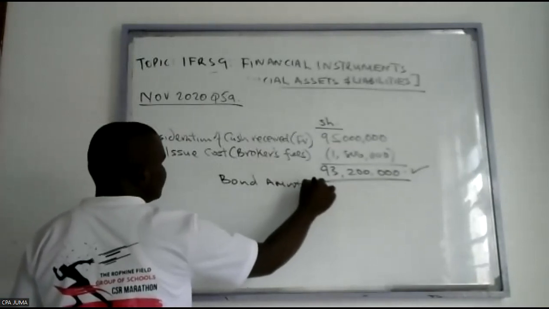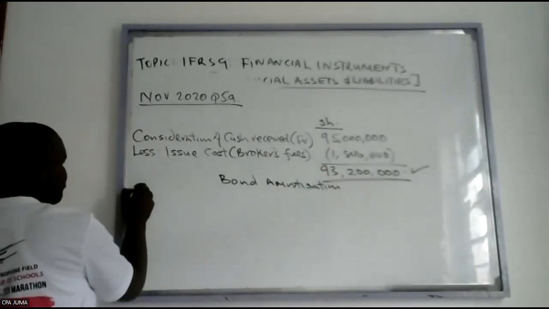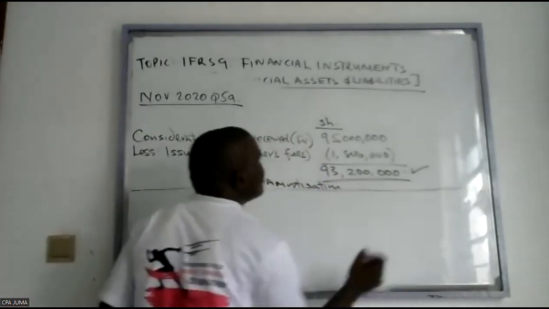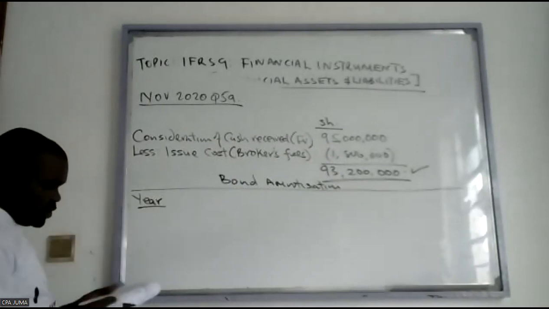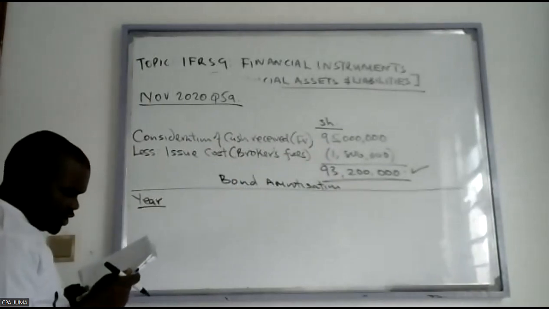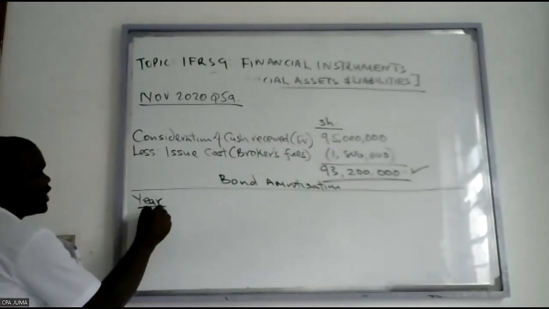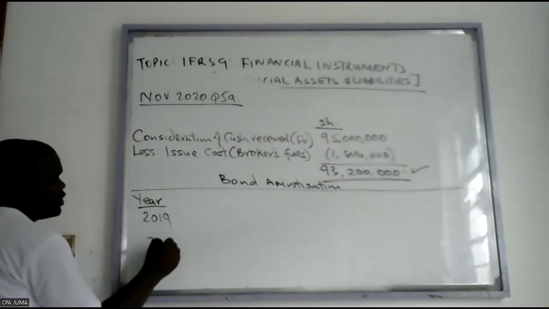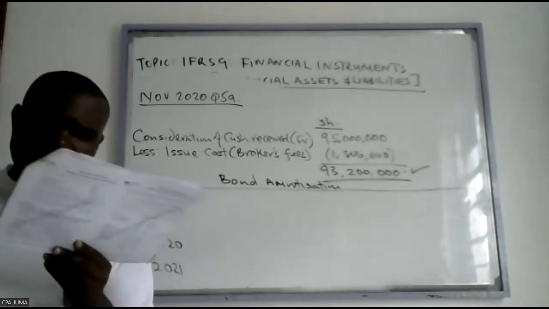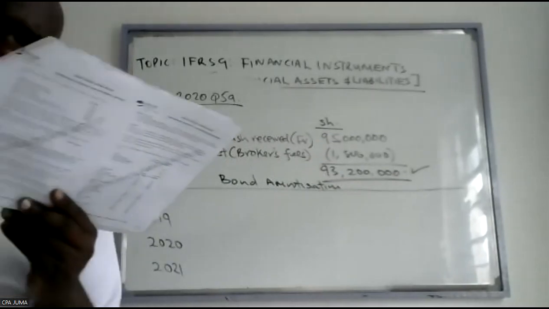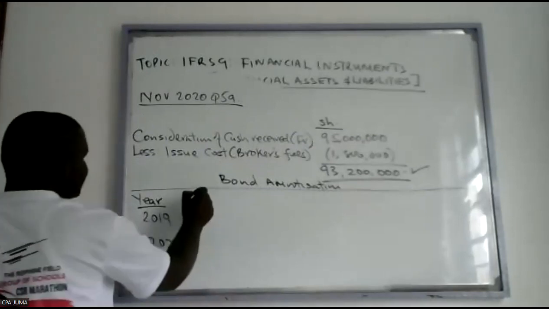So bond amortization. We can write the schedule there. So here, it was for 3 years, and it was beginning in which year, students? It was 2019. So I'll have 2019, 2020, and 2021. It was for 3 years. Then balance brought down.